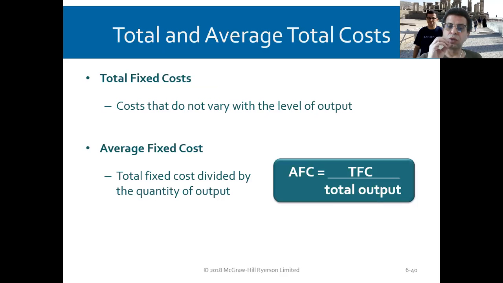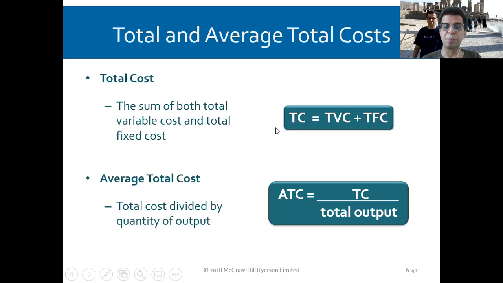So total fixed costs are costs that do not vary with the level of output, like rent. And we said the average fixed cost is the total fixed cost divided by the quantity of output, as you see in the formula here: AFC, average fixed cost, equals TFC, total fixed cost, over total output.